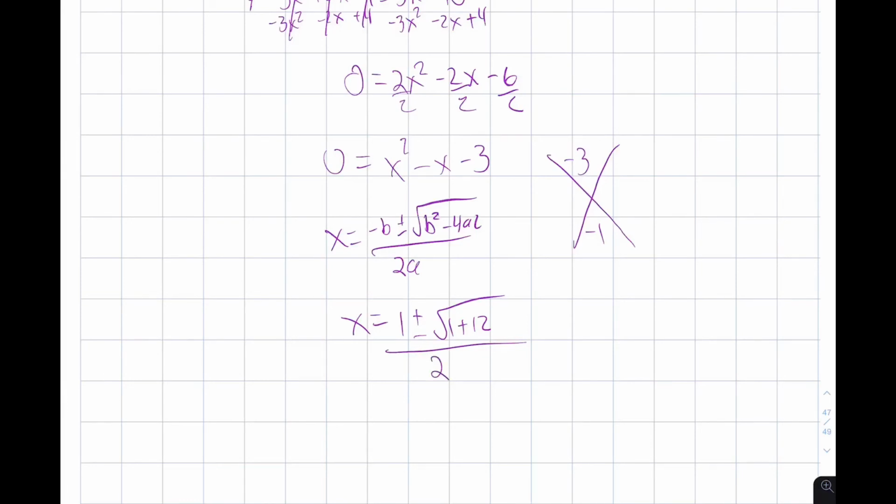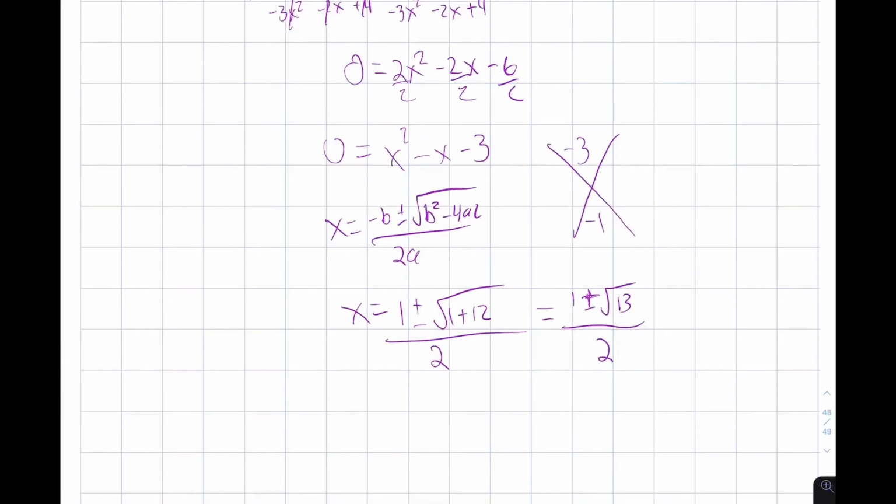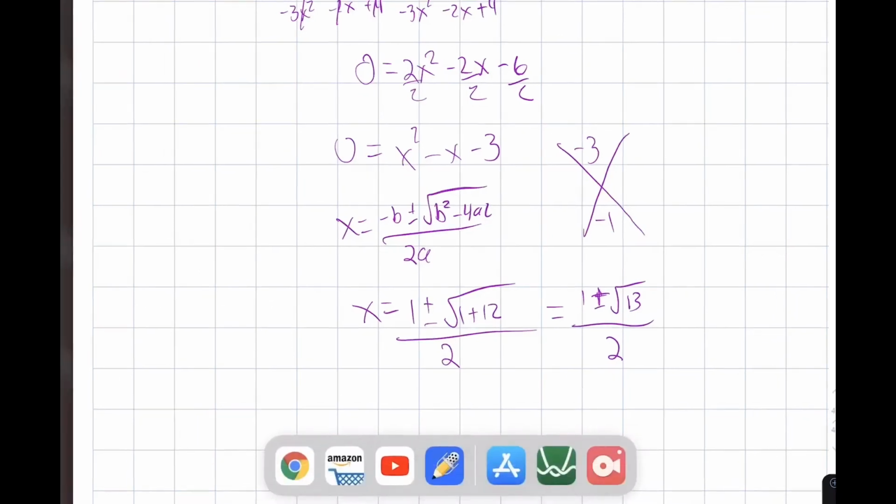So that's x equals 1 plus or minus square root of 13 divided by 2. And that's going to be some ugly solutions because the square root of 13, well, let's go back to the calculator.